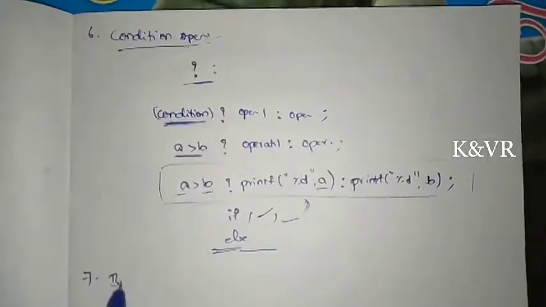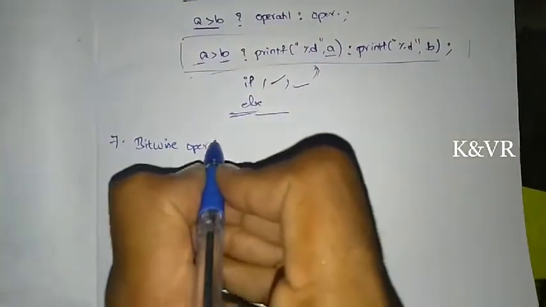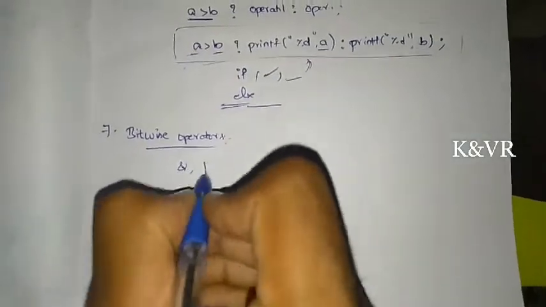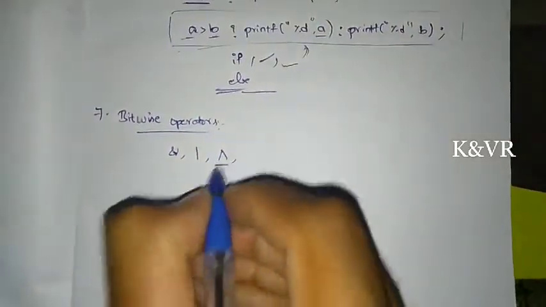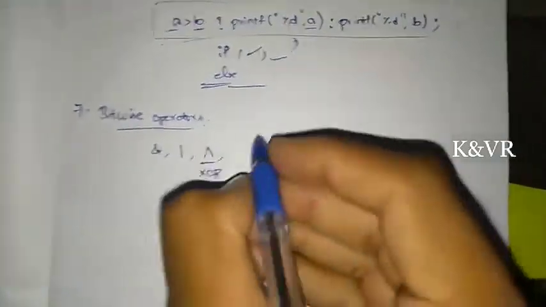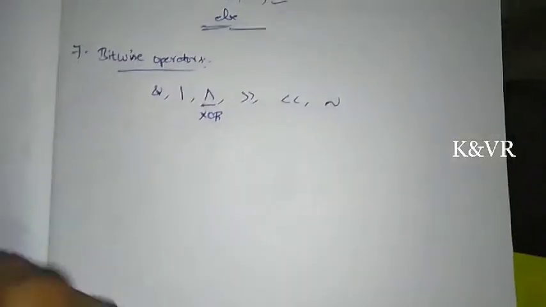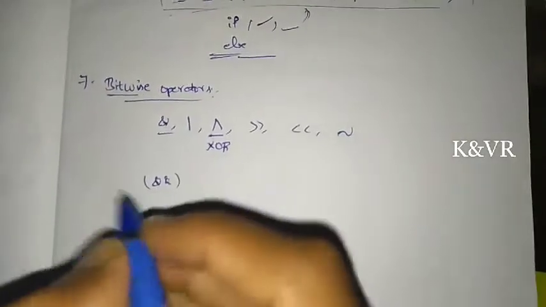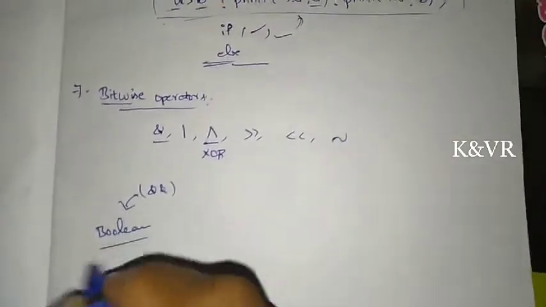And the next one, bitwise operators: bitwise AND, bitwise OR, bitwise exclusive OR (XOR), right shift, left shift, and complement. Here there is a difference between bitwise and logical AND. When it comes to logical AND, the result is boolean values, not ones or zeros.